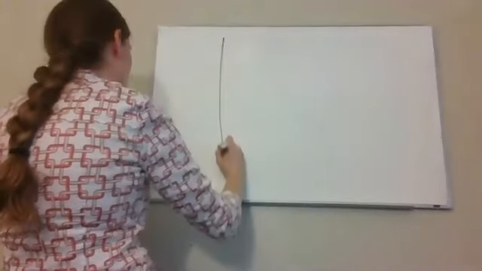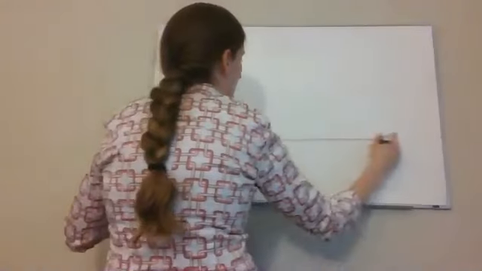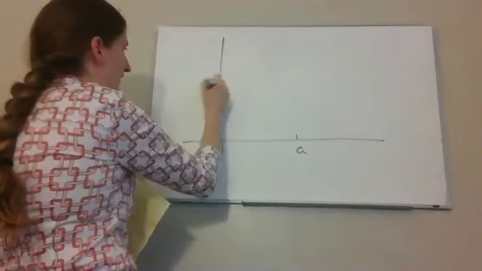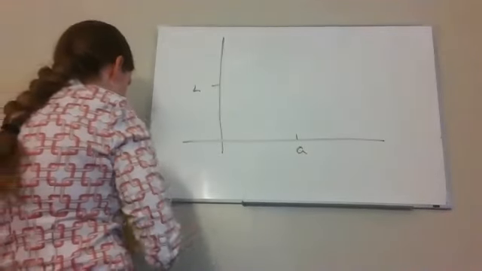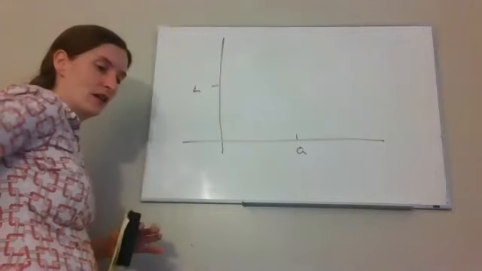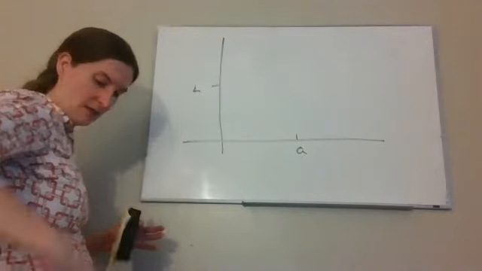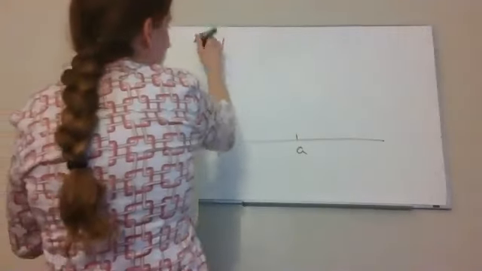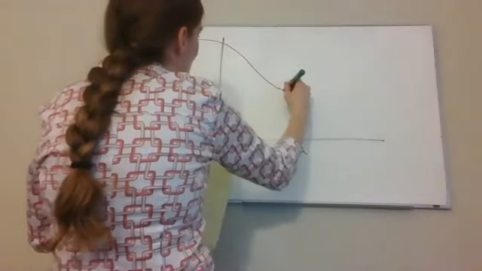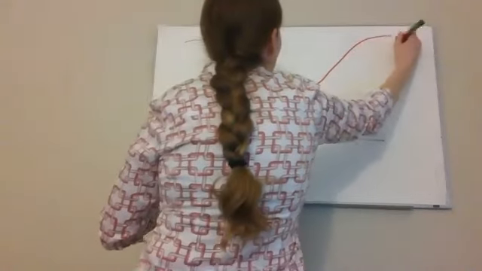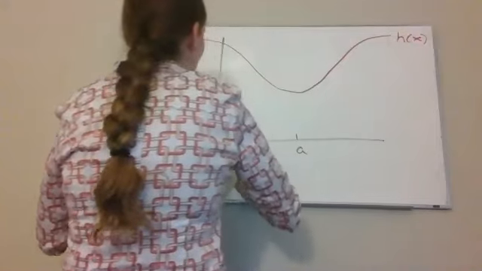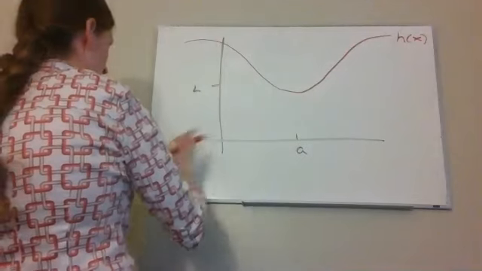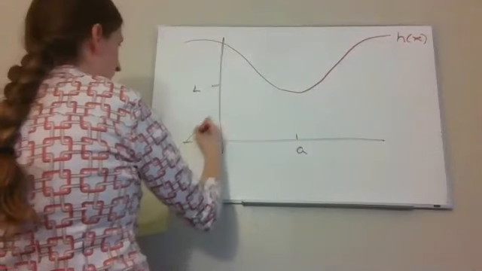So here's a generic drawing. We'll say there's a, and this is L. I'm going to draw my three functions, f, g, and h. Let h do something like this, and let f be down here.